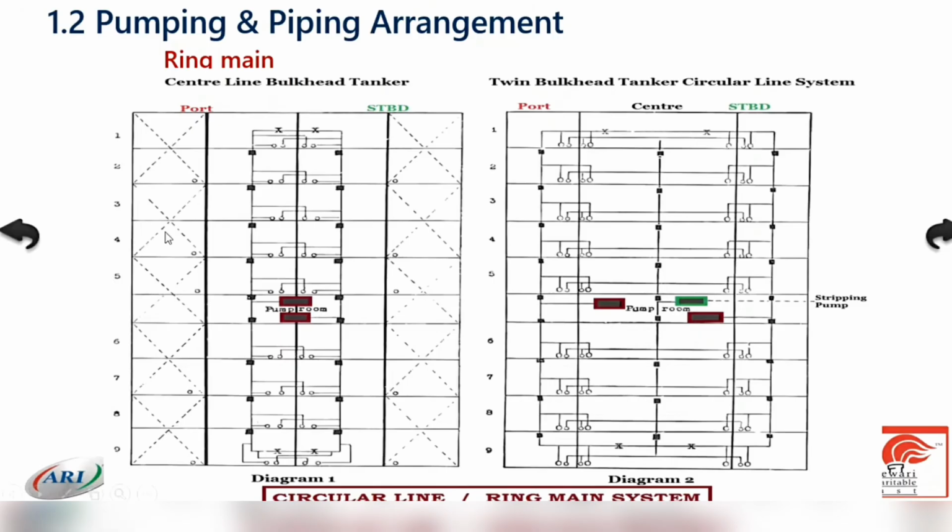So there are two bell mouths. That means one port can be discharged using the port side line, or can also be through the starboard side line, so that a proper segregation can be maintained. So there's a lot of permutation combination you can discharge using this crossover also.